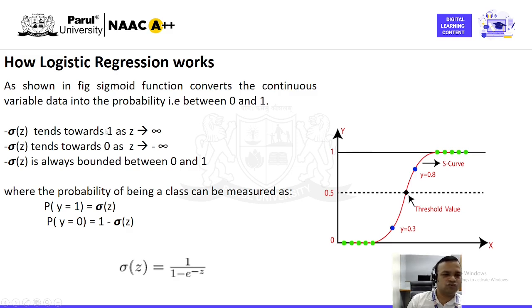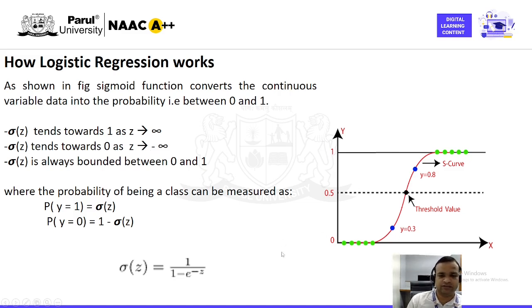Sigma of z tends toward 1 whenever z tends to infinity. Sigma of z tends toward 0 whenever z tends to minus infinity.